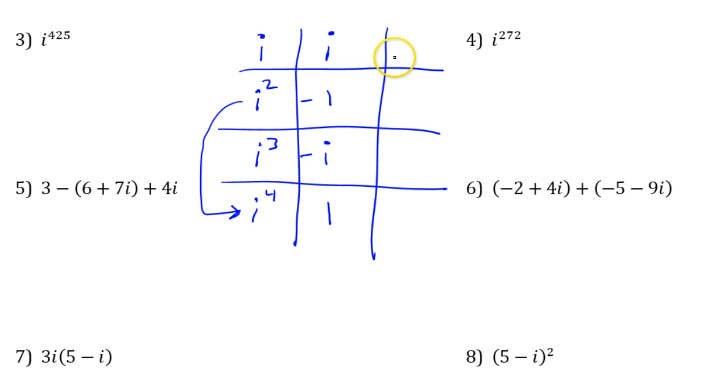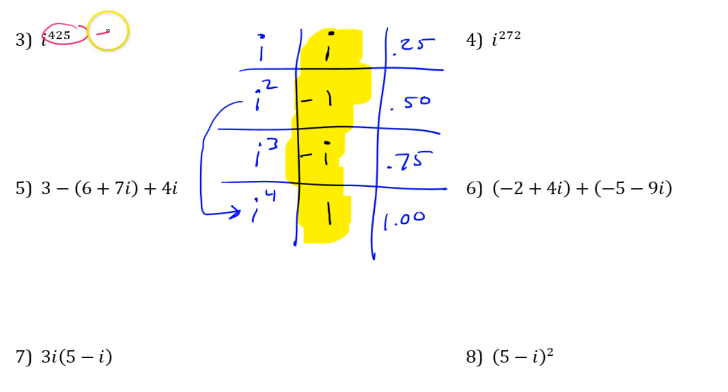Now over here I think about quarters. 1 quarter is 25 cents. 2 quarters is 50 cents. 3 quarters is 75 cents. And 4 quarters is 1 whole dollar with no cents. Now, if I want to know which one of these 4 answers, because understand these are the answers right here, what I do is I take this number and I divide by 4.